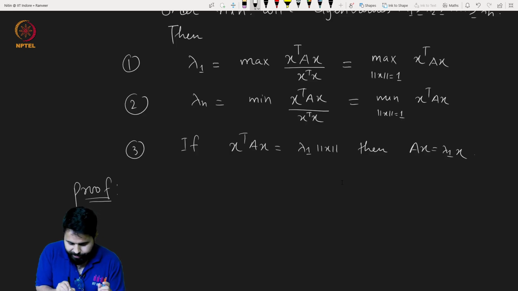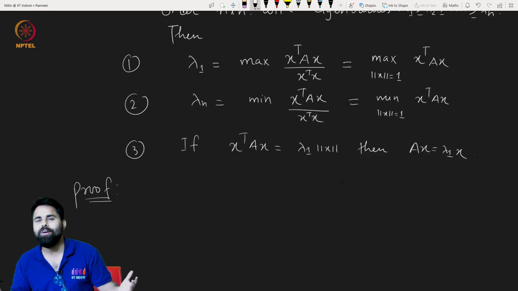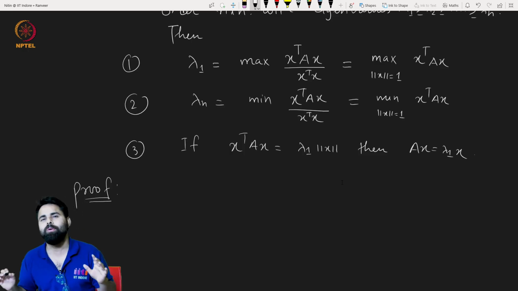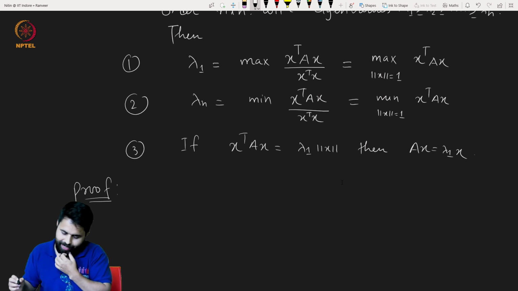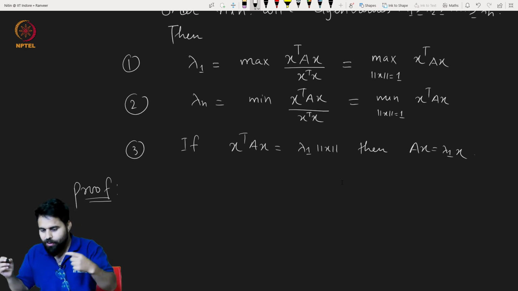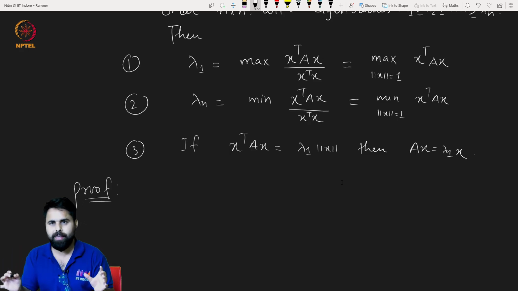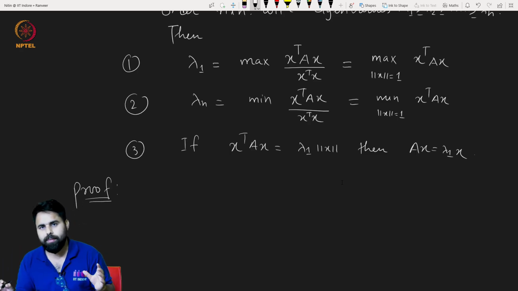Okay, so proof. In this proof I will begin with the use of the spectral theorem, which says that any symmetric matrix will have n orthogonal eigenvectors, or for simplicity n orthonormal eigenvectors. The matrix is n cross n, so there are n orthogonal eigenvectors.